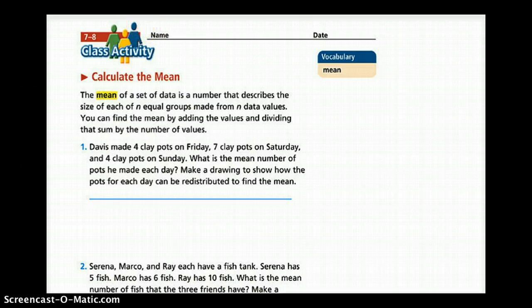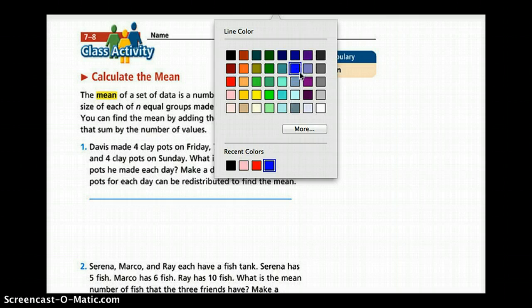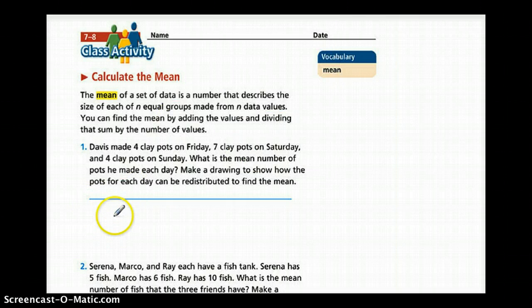Alright, so to start, we're going to draw the number of pots he had on Friday. So he had 1, 2, 3, 4 pots on Friday. He had 7 pots on Saturday. 1, 2, 3, 4, 5, 6, 7. And he had 4 pots on Sunday.